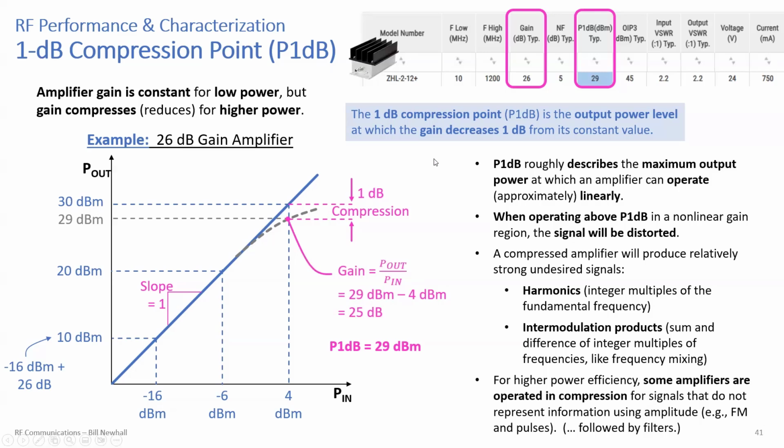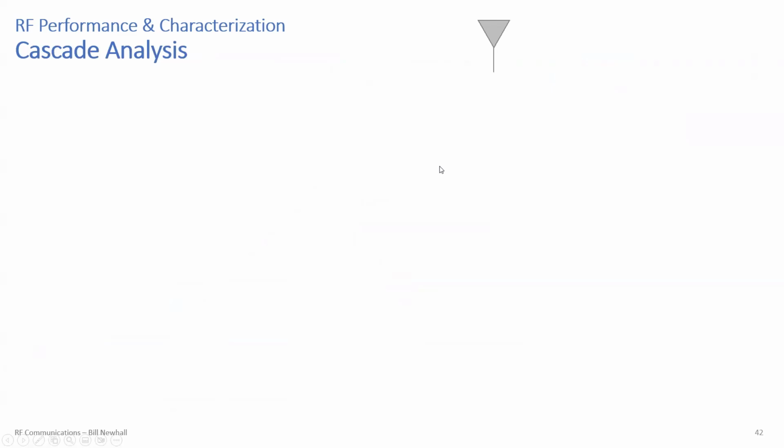All right, let's take a look at a cascade analysis. I'm going to show you what happens when you cascade or combine components together. Let's do this by example. Let's say you have a signal from an antenna at 145 megahertz, and it's received at the antenna port at minus 115 dBm, and that signal occupies a 5 kilohertz bandwidth.